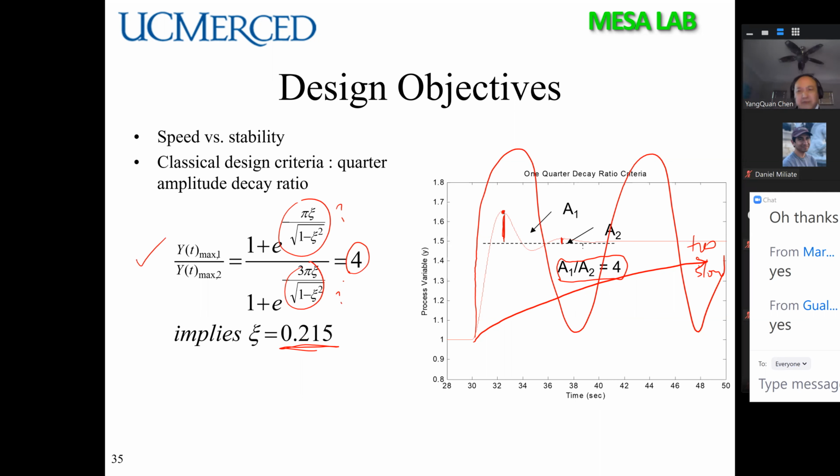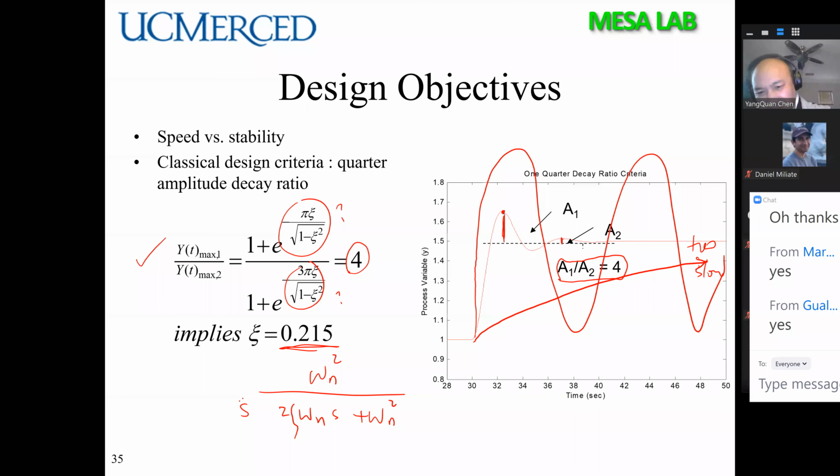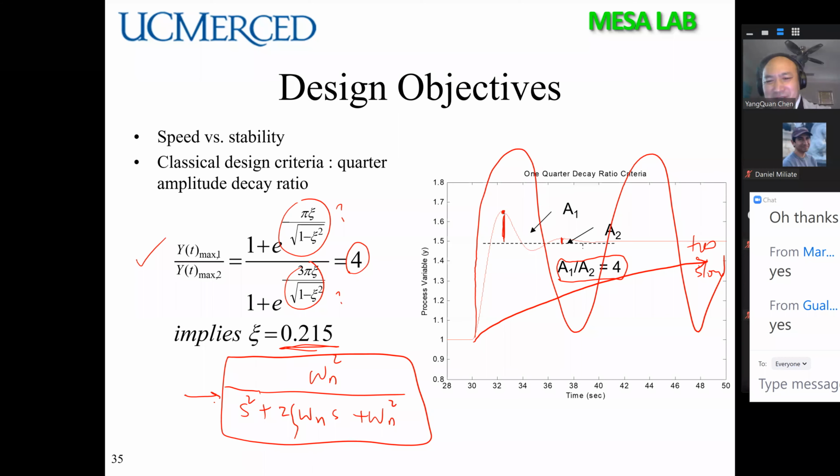I want to remind you that we have a raw model that is second order: 2ζωn s and s squared. So we're talking about this raw model. I want to design a system to behave like this.